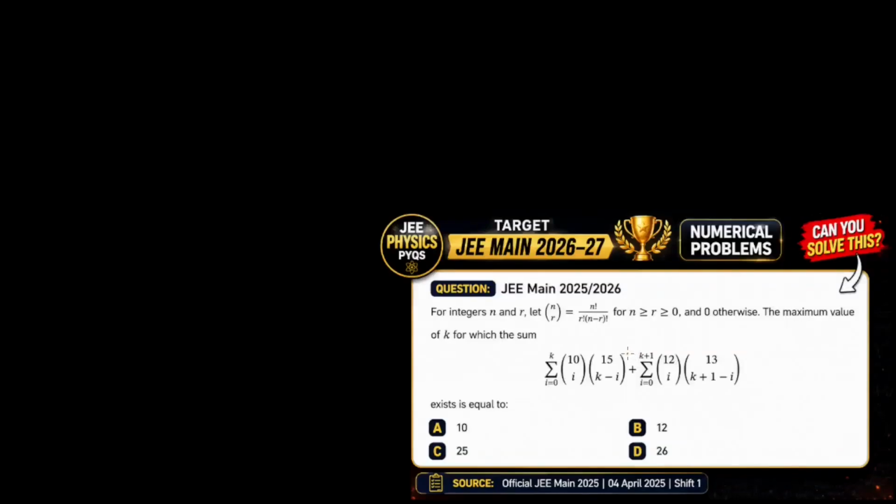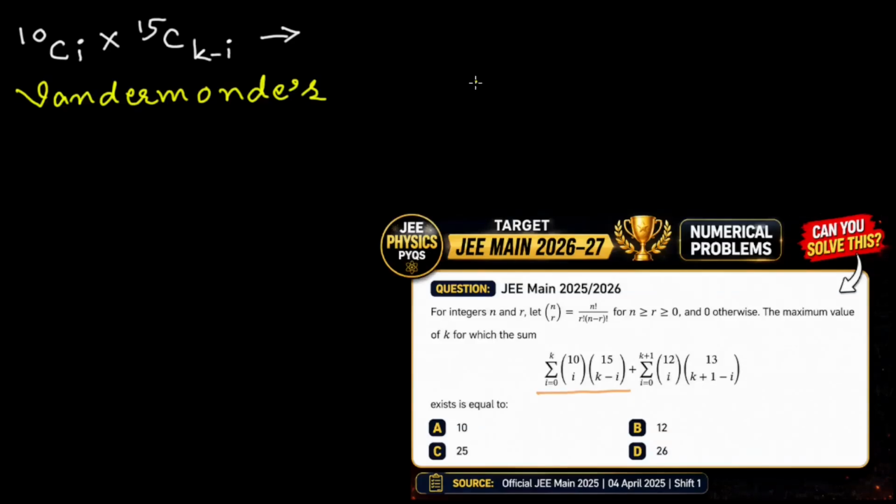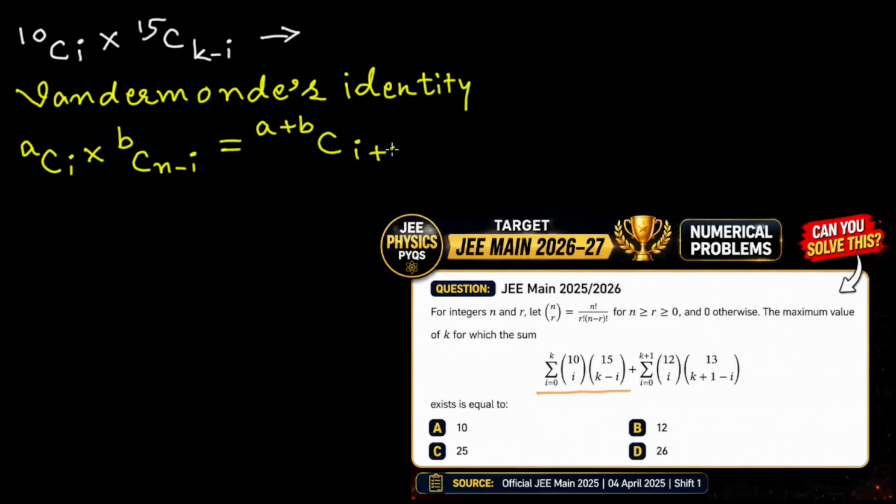Now look carefully at the first summation, 10Ci into 15C(k minus i), which is exactly the form of Vandermonde's identity. The identity says that the sum of aCi into bC(n minus i) over all possible i is equal to (a plus b)C(i plus n minus i), that is (a plus b)Cn after cancelling i.